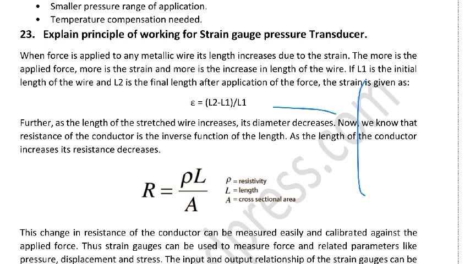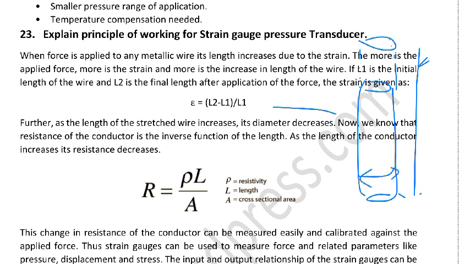Suppose this is the wire: if we increase its length from here to here, its length is going to increase, but its diameter is going to reduce.